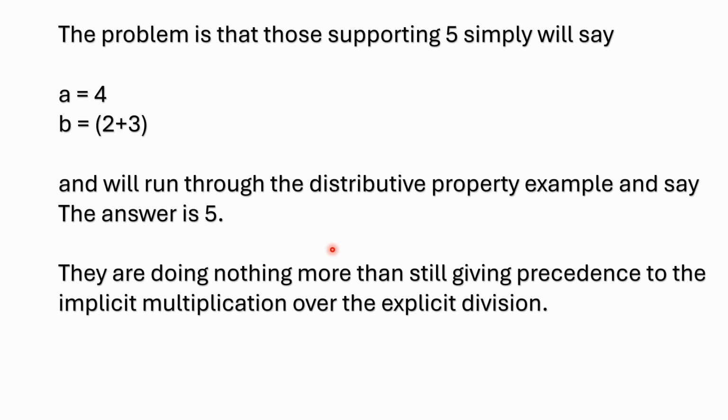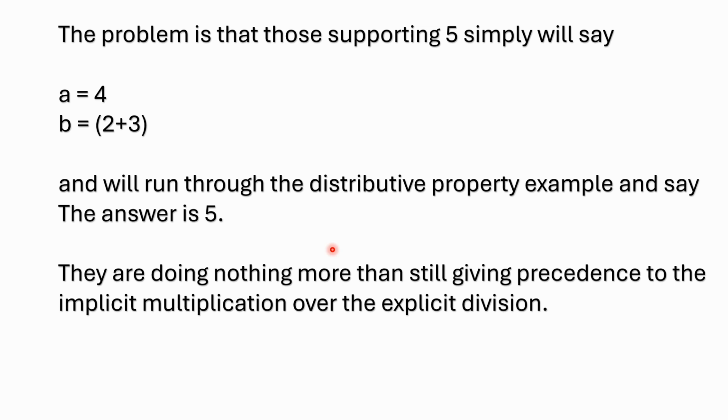The problem is that the people that are supporting 5 will just say that A is equal to 4 and B is equal to 2 plus 3, because they're not looking at the 100 divided by out to the left. They're trying to isolate that implied multiplication. So it really just comes down to whether you think implicit multiplication has precedence or not.